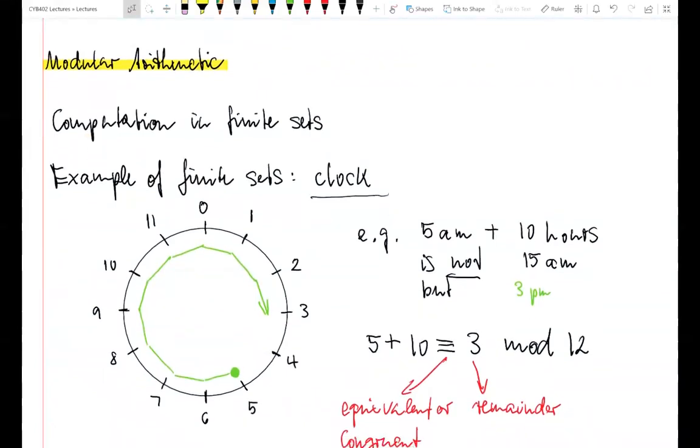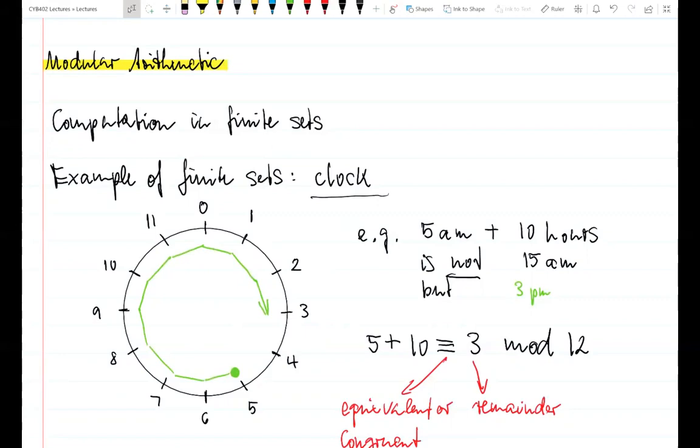What you will see in a little bit is that computations in modern cryptography are pretty much always done in finite sets. These sets may be huge. They may have a number of elements that is some prime with 800 decimal digits, but nonetheless, those sets are finite.